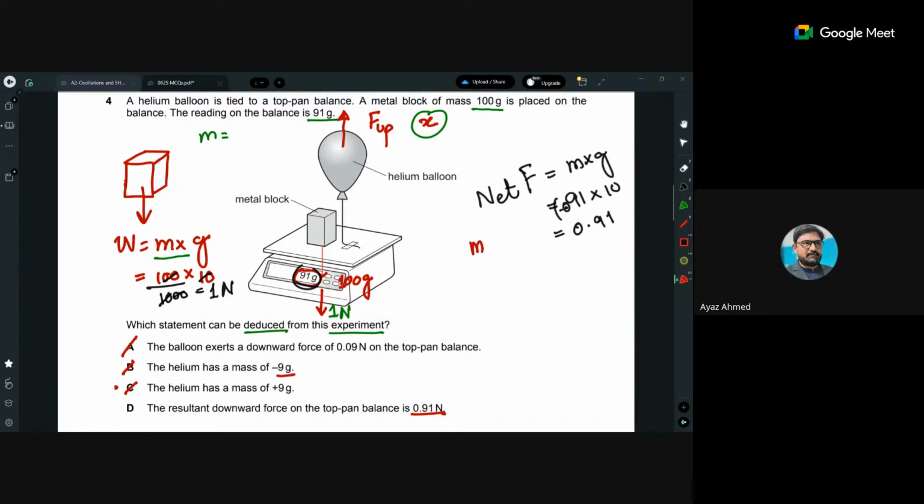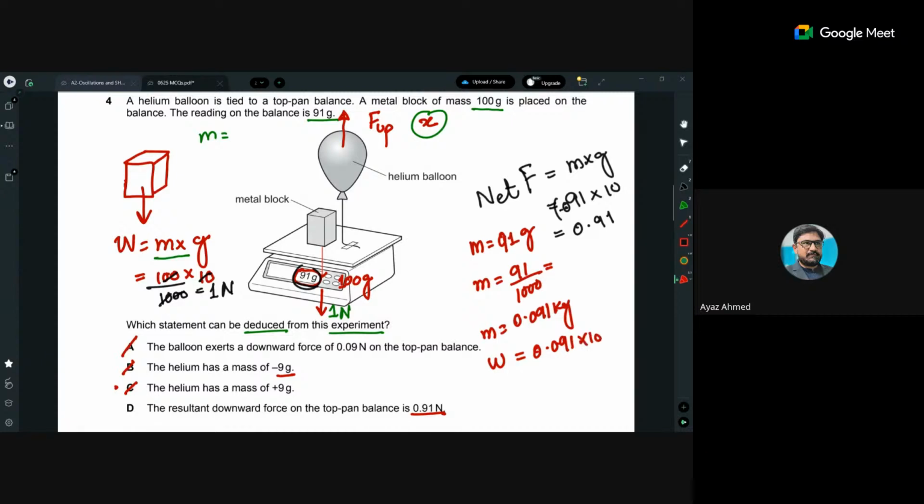Look, what is our mass? The reading on the meter is 91 grams. So just convert it into kg. We will divide it by 1000. So 91 divided by 1000 gives 0.091 kg, which is the mass shown here. So if you want to measure its weight, weight is equal to 0.091 times 10.